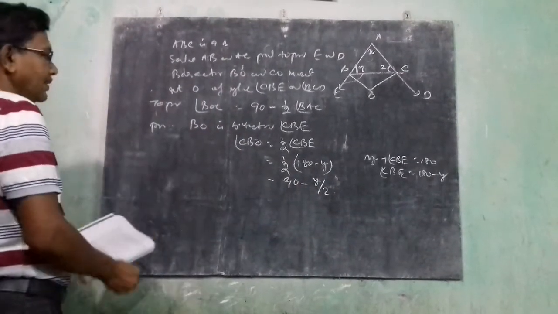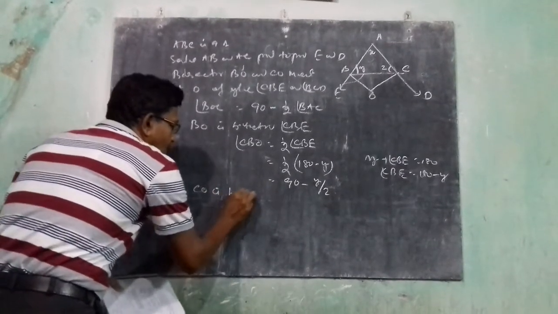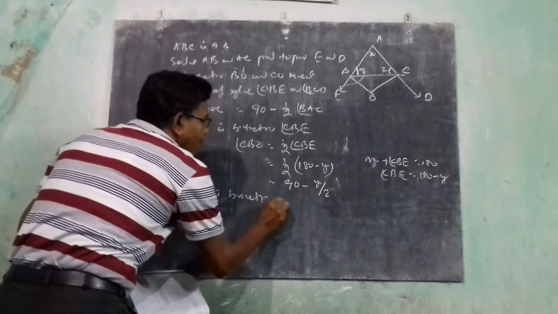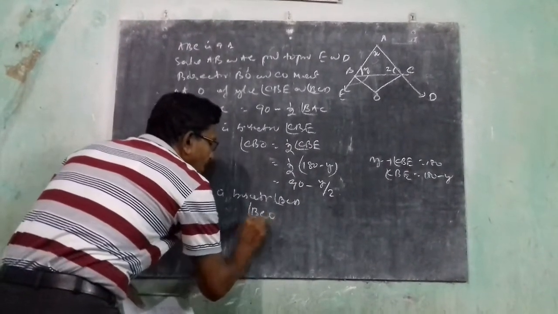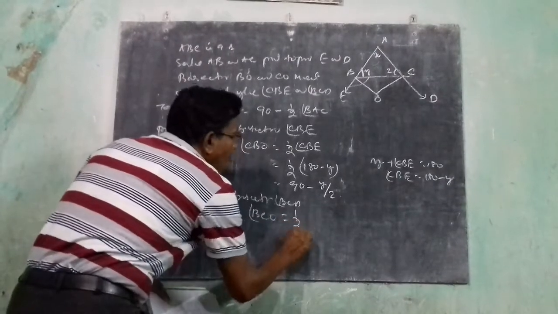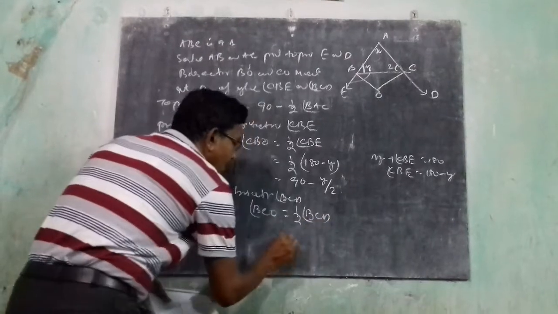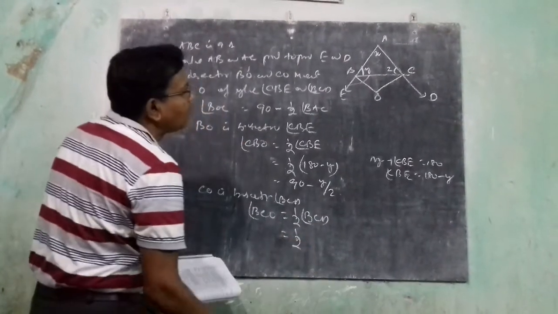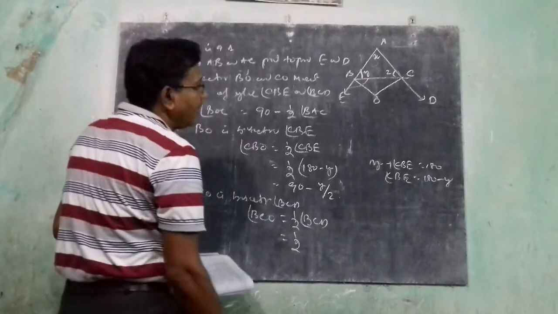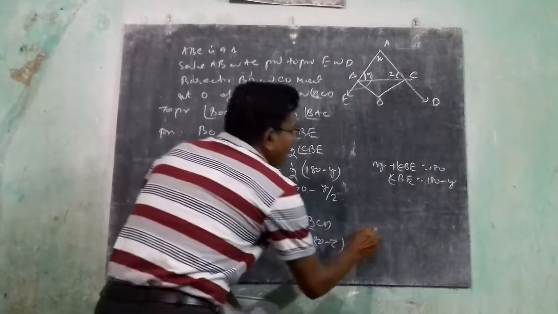Similarly, CO is the bisector of angle BCD. So angle BCO equals half of BCD.